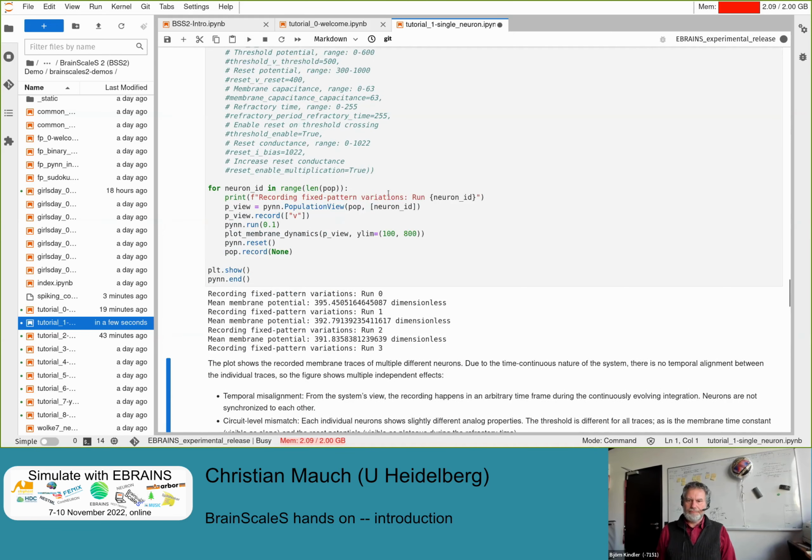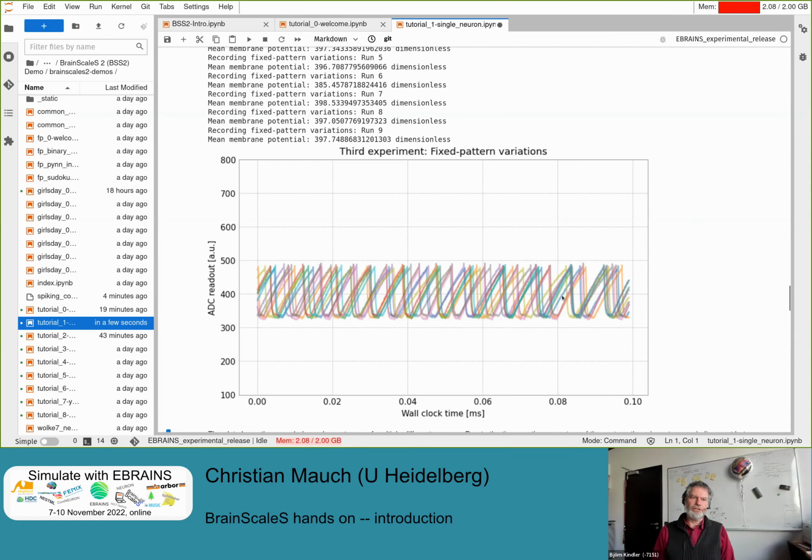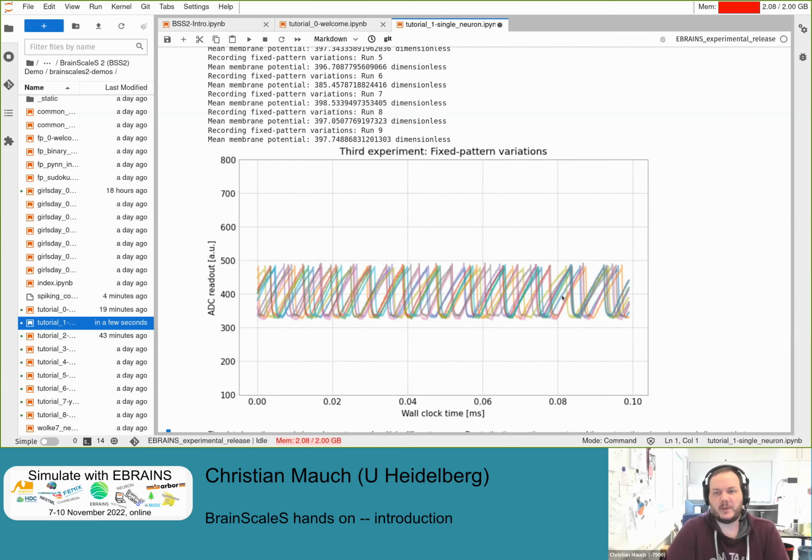So what you will see now is that they are much closer to each other. Much nicer. What you still see is, of course, that these neurons are just configured with these parameters, but they continuously run and are not synchronized in any way. So some will just be shifted relative to each other. But that's not a neuron feature or a fixed pattern thing.